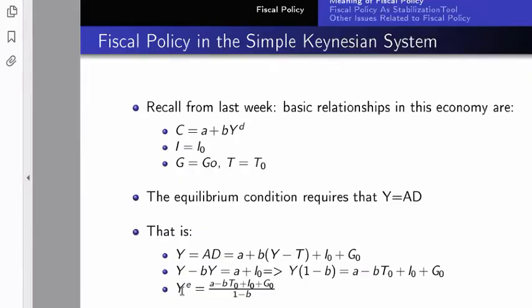It's just like a slope coefficient. If you differentiate this YE with respect to G0, what will you get? You get 1 over 1 minus B.